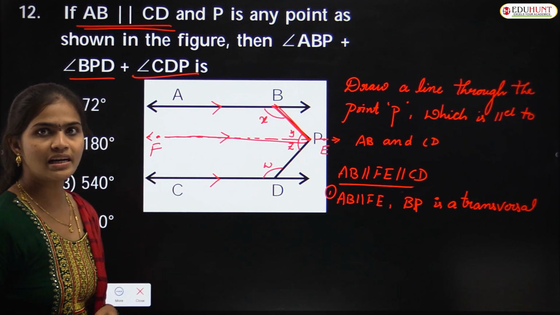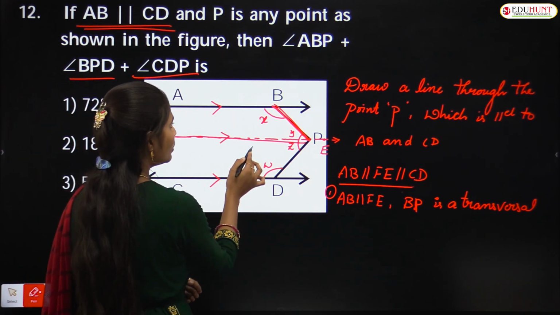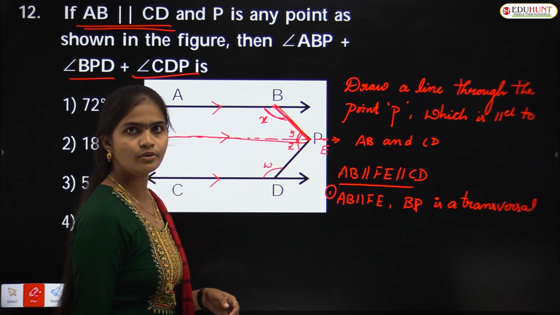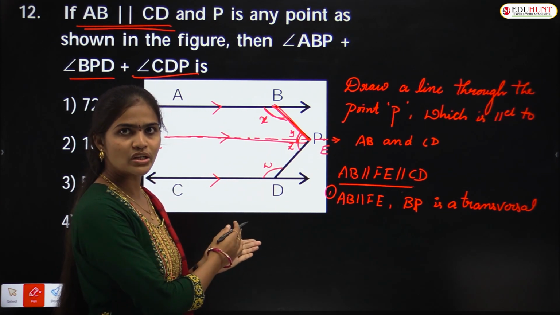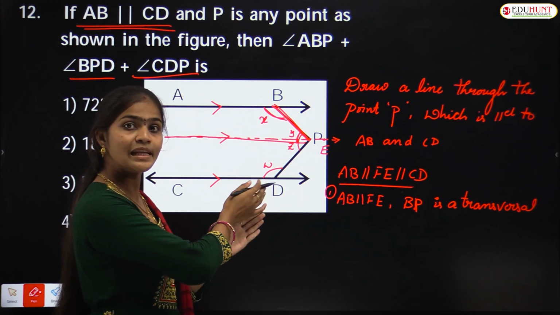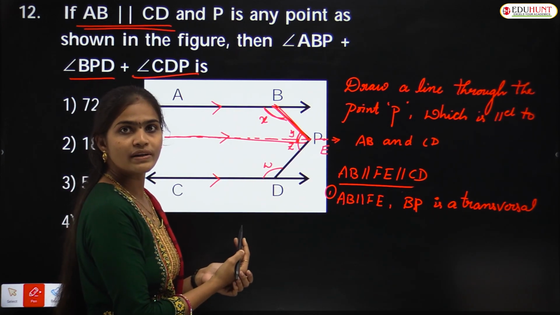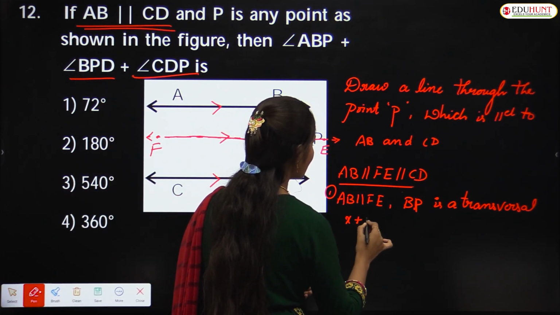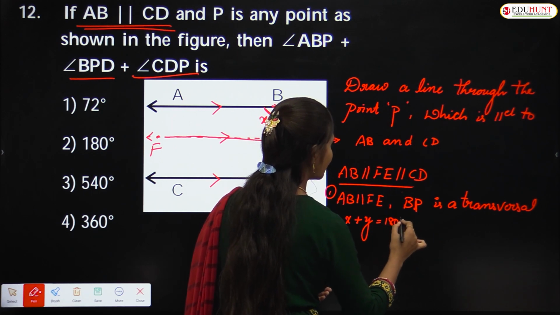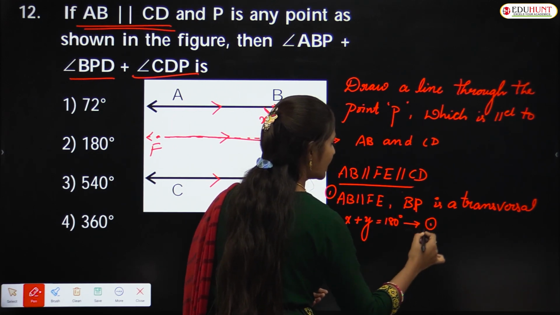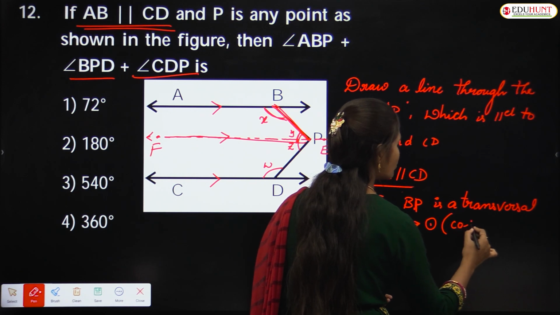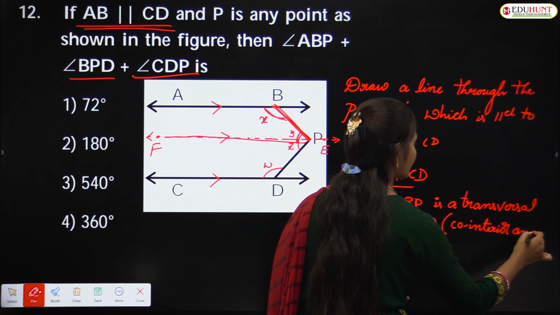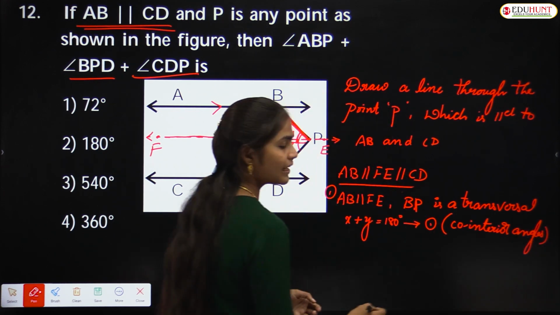Observe that X and Y lie on the same side of the transversal and in between these two parallel lines. So X and Y are co-interior angles, no? That's why X plus Y is equal to 180 degrees. This is equation number 1. The reason: those two are co-interior angles.